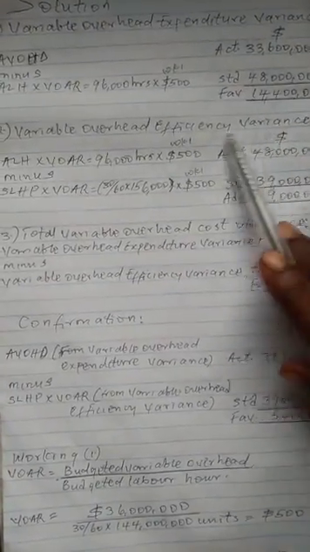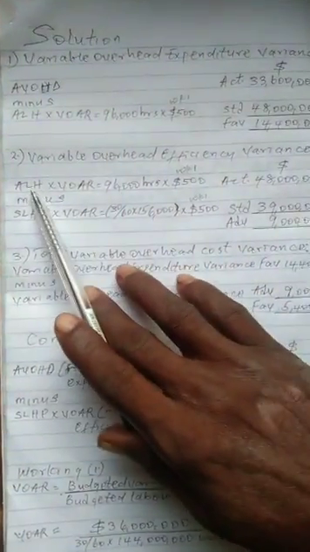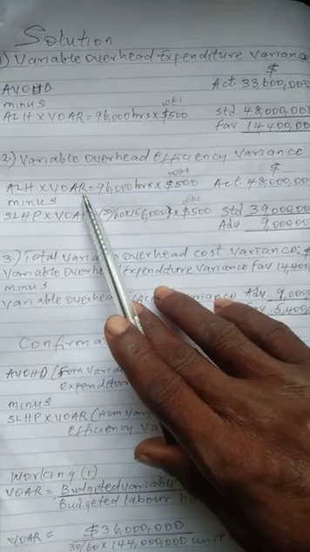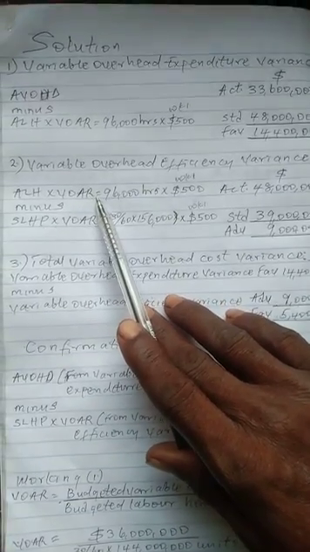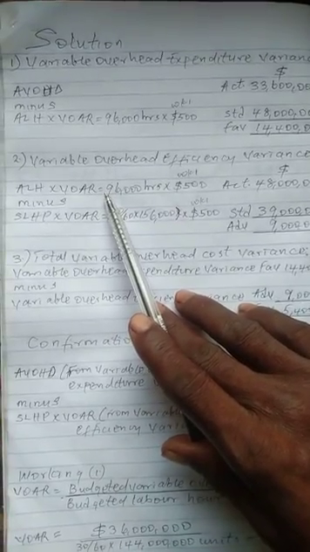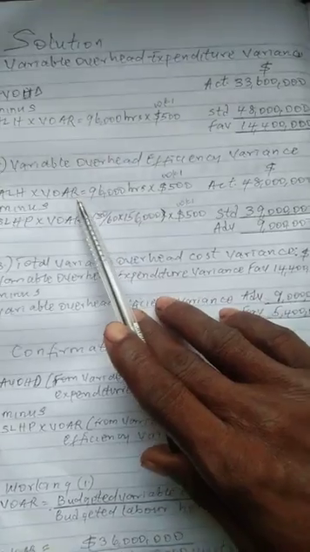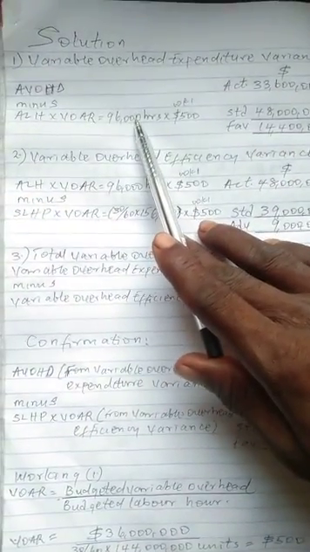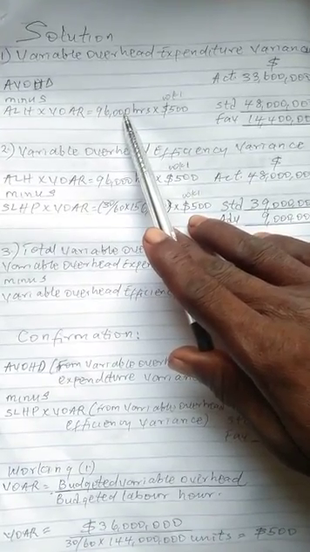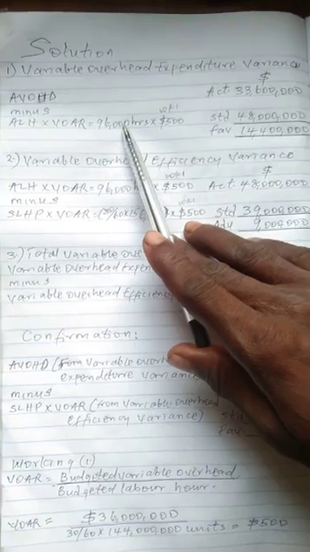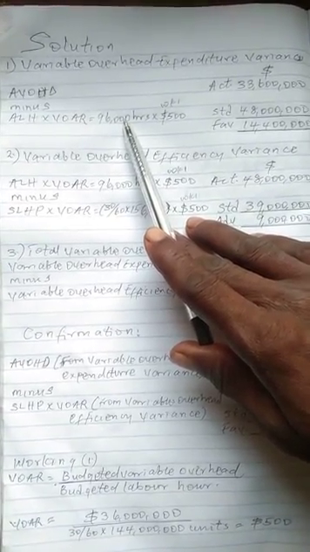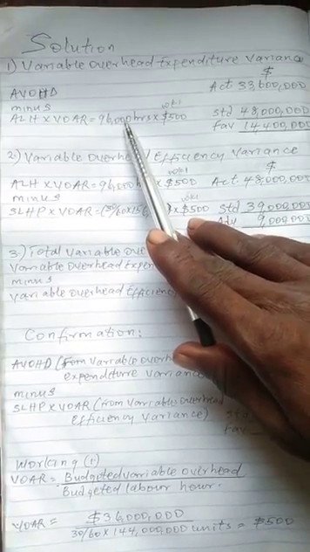Variable overhead efficiency variance. The formula for it is what? Actual labor hour multiplied by variable overhead absorption rate. Which is this? I said in the first and second video that for material, go to the standard aspect of the material price variance.